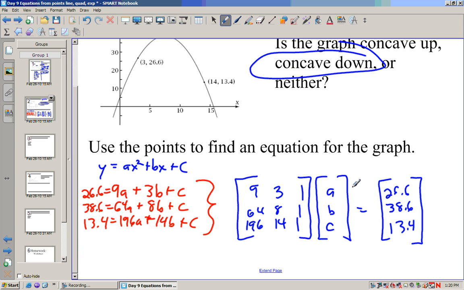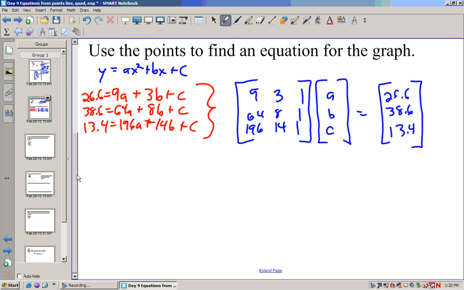So now we can solve this matrix to find out our values of A, B, and C. The downside is we need to learn a little bit about matrix algebra. We don't have to learn a whole bunch, just enough to do this problem.